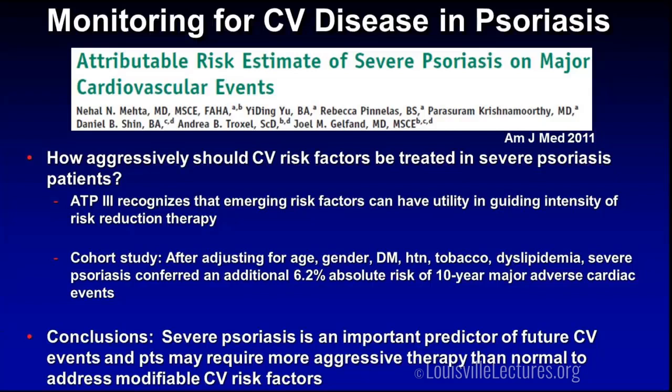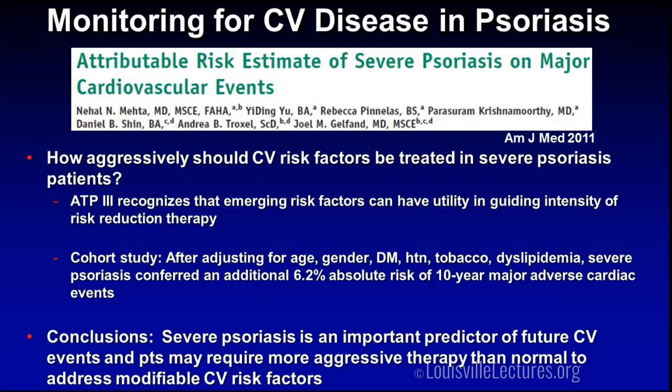In this study, which again involved both Nehal Mehta and Joel Gelfand, who worked together a lot, they performed a cohort study. And after adjusting for a number of factors, they found that severe psoriasis in and of itself conferred a 6.2% absolute risk of a 10-year major adverse cardiovascular event in those patients.